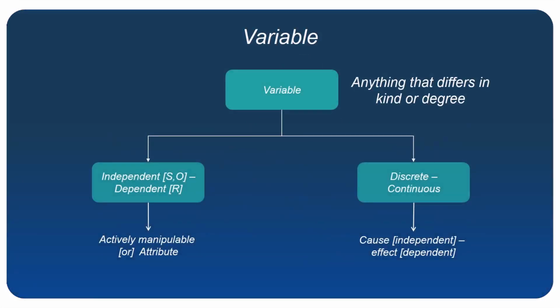Another way by which we can classify variables is in terms of discrete versus continuous. Anything which is discontinuous or categorical is what we call discrete variable. On the other hand, continuous is just the opposite of discrete, and it is sort of a free flow that will mark the nature of any variable.